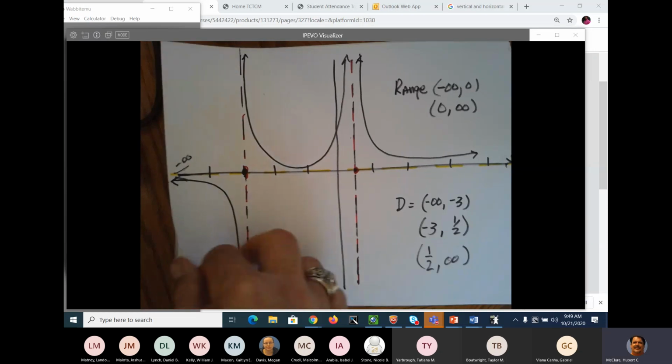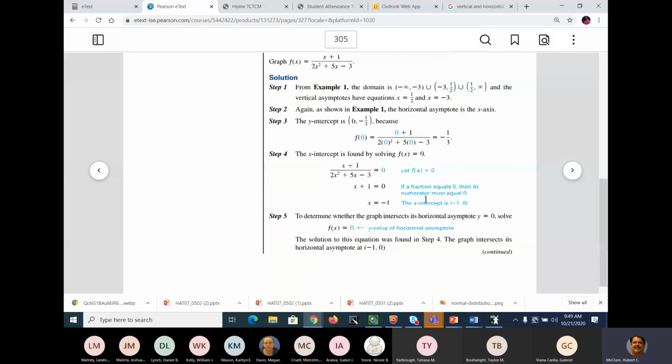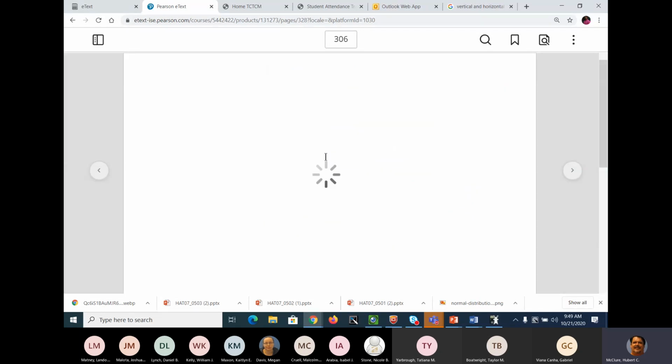All right, let's look at another example. And we'll see their answer, what they got. Okay, they got the y-intercept. We didn't get the y-intercept. Plug in 0 for x. But here they said equal to 0. The x-intercept, that's good. It should be on the next page. There we go. Okay, we got it drawn wrong.